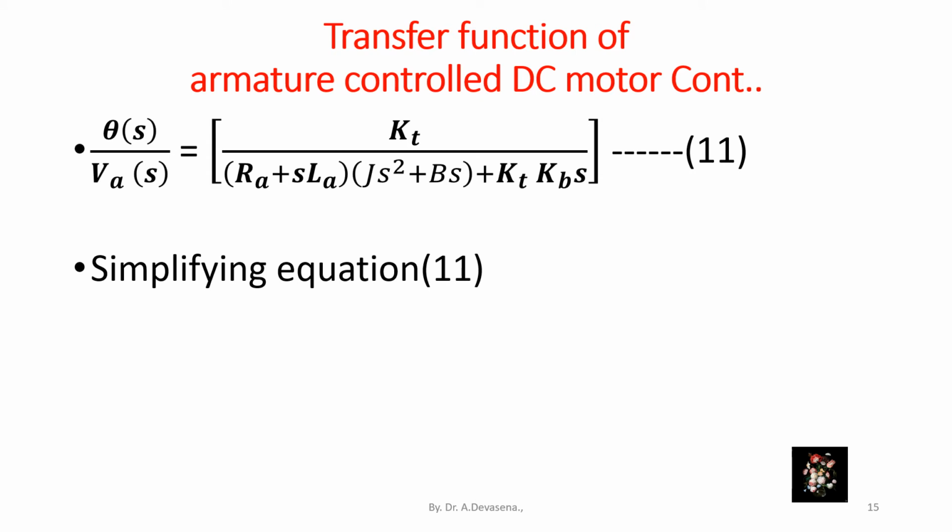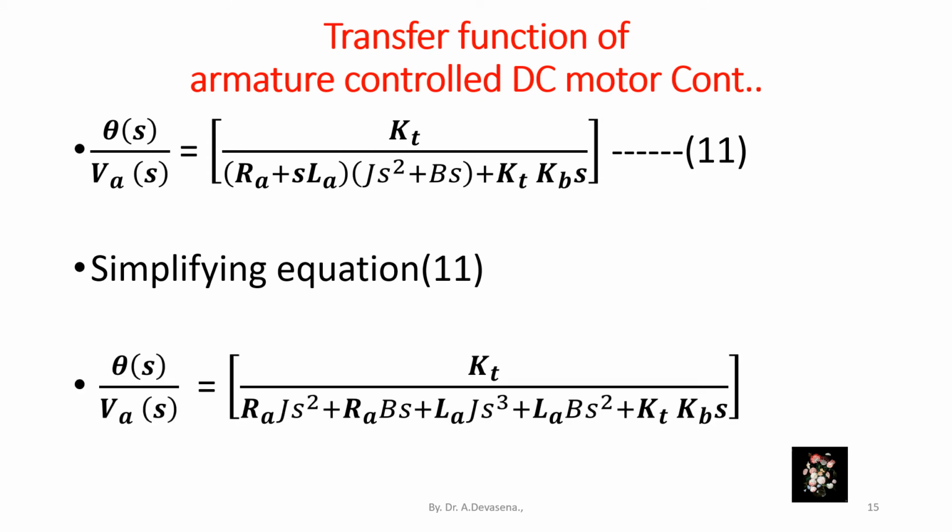Simplifying equation 11, we get θ(s) by V_A(s) is equal to K_T divided by L_A J s³ plus (R_A J plus L_A B) s² plus (R_A B plus K_T K_B) s.